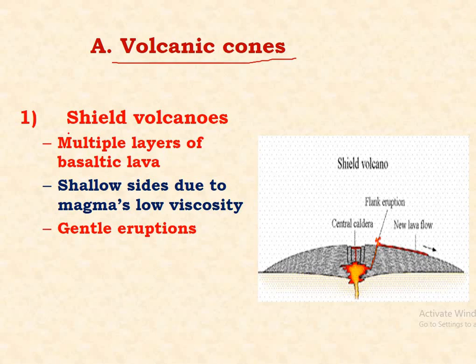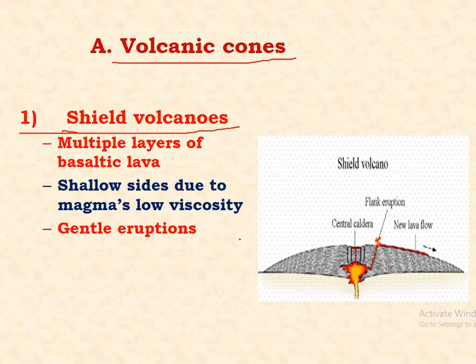The first one is the shield cone, in which there are multiple layers of basaltic lavas having shallow sides due to magma's low viscosity and gentle eruptions.